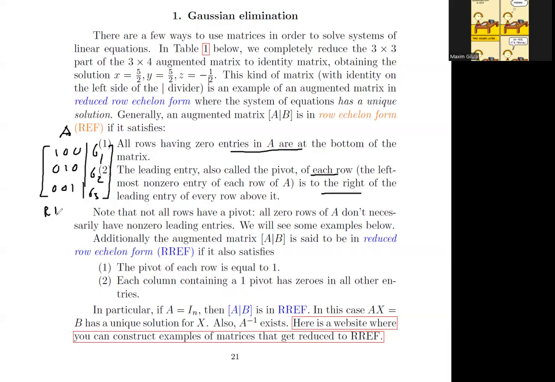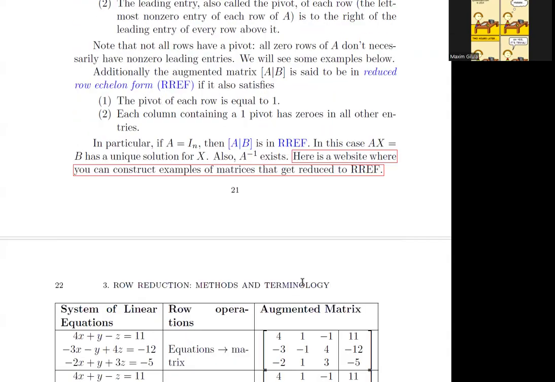So this matrix is said to be in reduced row echelon form if A is the identity matrix. In this case, AX equals B has a unique solution for X, and A inverse exists. So reducing the matrix tells us a lot of information. And you could play around with a website where you can construct some examples of matrices in reduced row echelon form if you click this link in the notes.